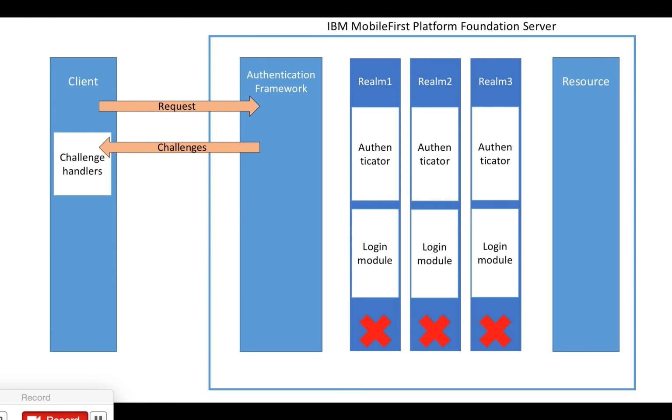So on the client side, of course, you've got your challenge handlers, and those challenge handlers are receiving those challenges. In a scenario that you might be familiar with, you use a client-side API for the challenge handler called isCustomResponse.